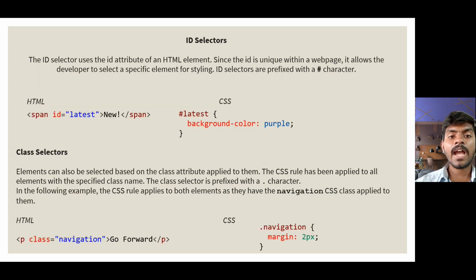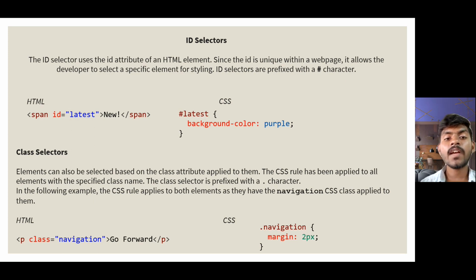ID selector. The ID selector uses the ID attribute of an HTML element. Since the ID is unique within a web page, it allows the developer to select a specific element for styling. The ID selector is prefixed with a hash character.